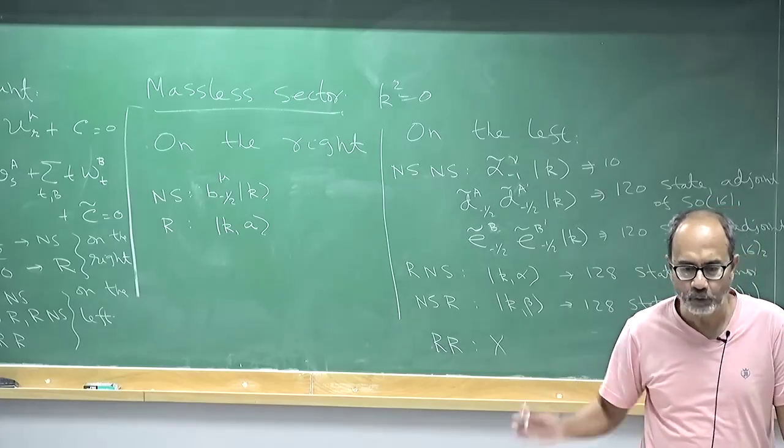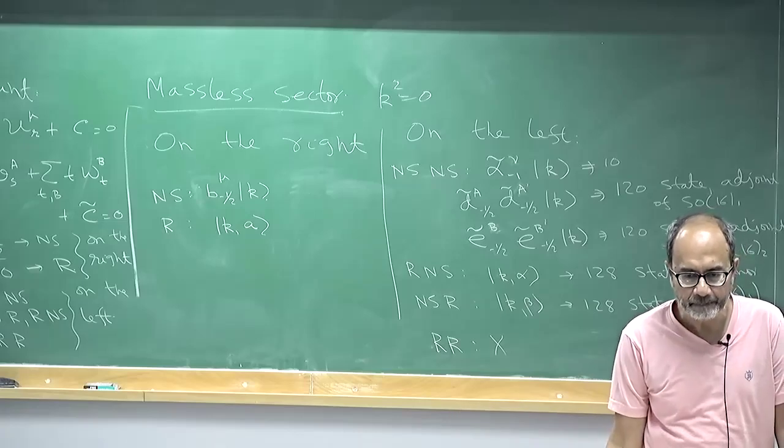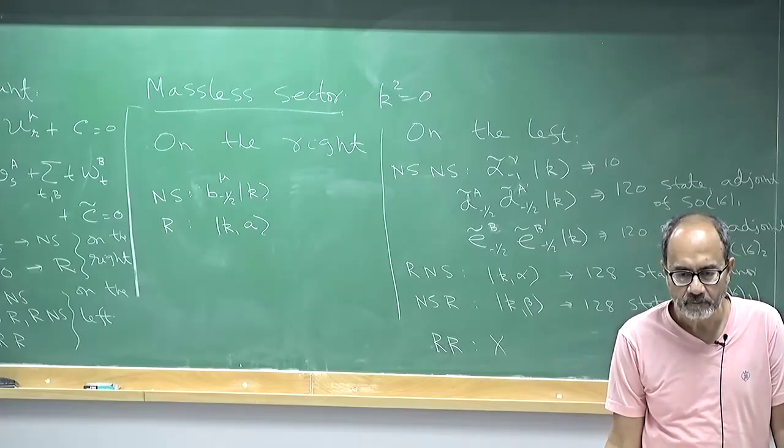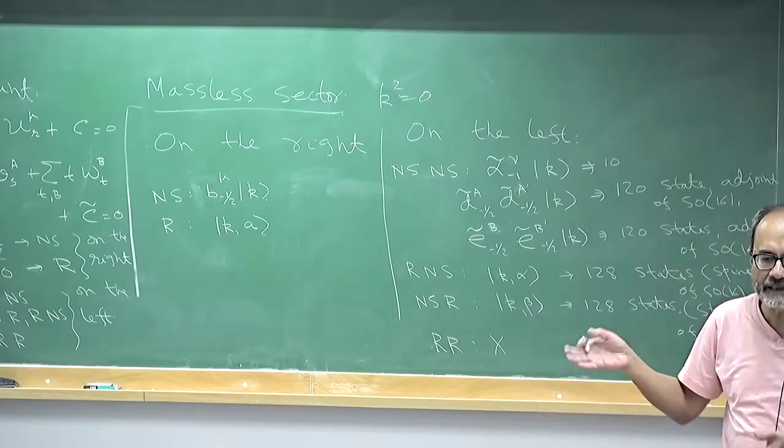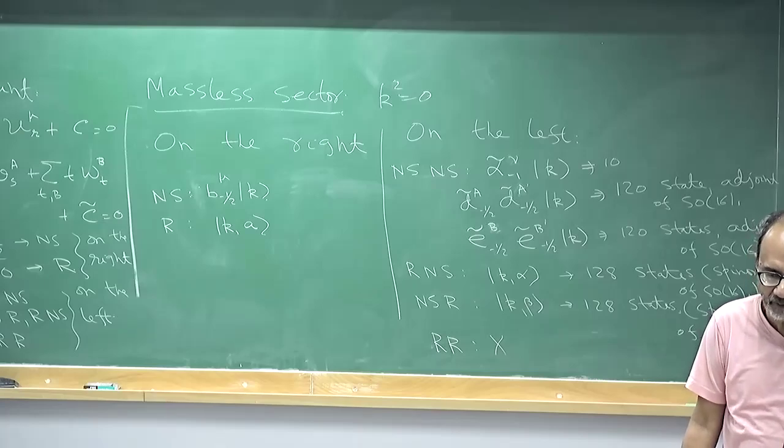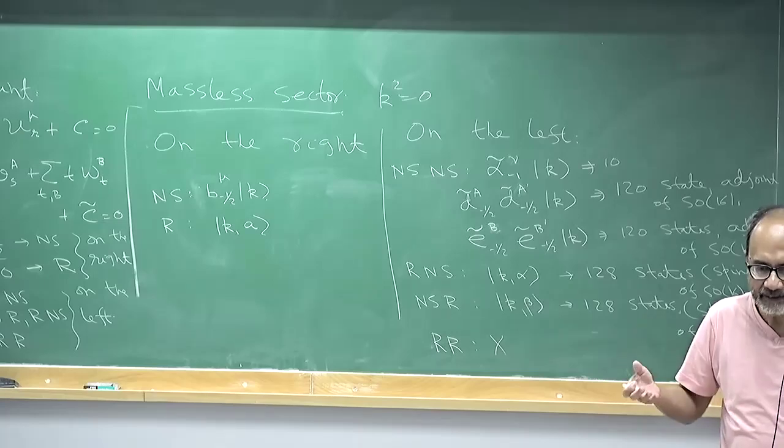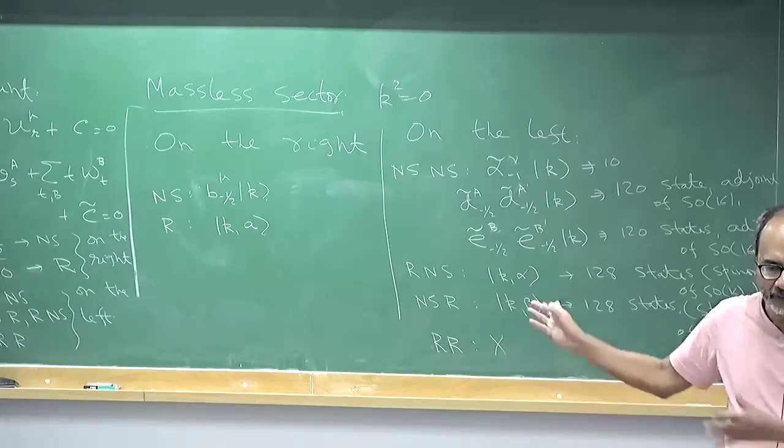Otherwise, you couldn't have done it the way we are doing it. But if we got stuck at this point that we can't write a free theory, then the other possibility is allowed, although we are not doing it at that level. Yeah, then we will declare that this way of constructing string theory is inconsistent. You don't get a consistent theory. There will be another way to construct a theory, but not this way.